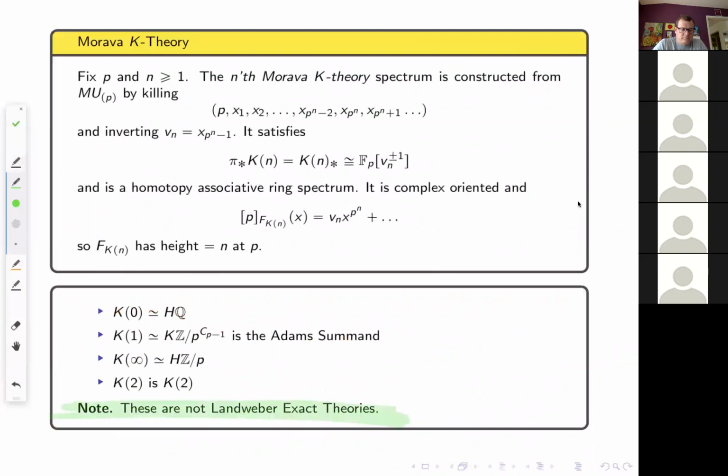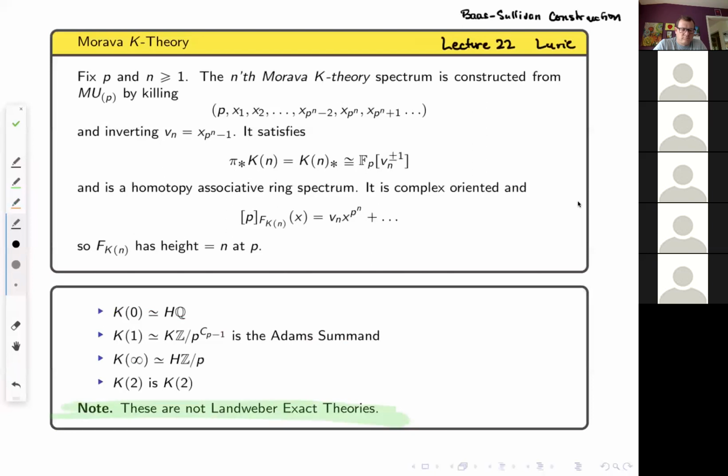Okay. So to construct them, I'm going to be vague about the construction. There's various ways to do this. If you look at the classic literature, you'll see the Baas-Sullivan construction. But at this point, if you want more detail, I'm going to send you to lecture 22 of Lurie's notes on chromatic homotopy theory, okay?